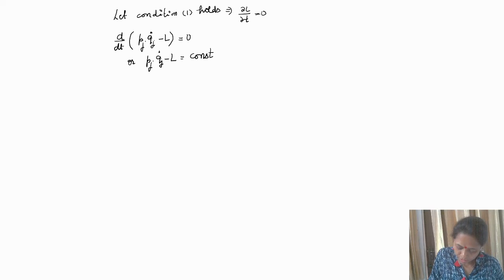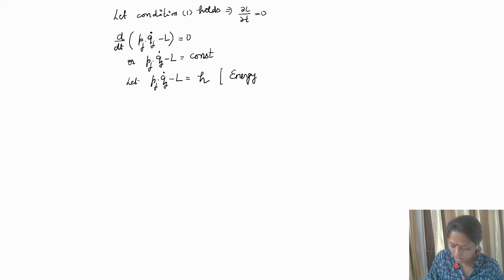We denote this Pj Qj dot minus L as small h, and this is known as the energy function. This is the energy function in the configuration space.